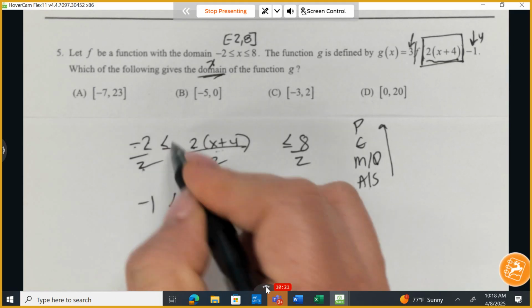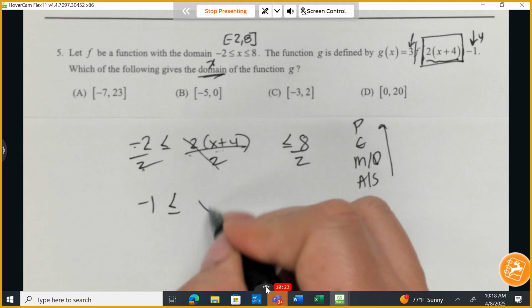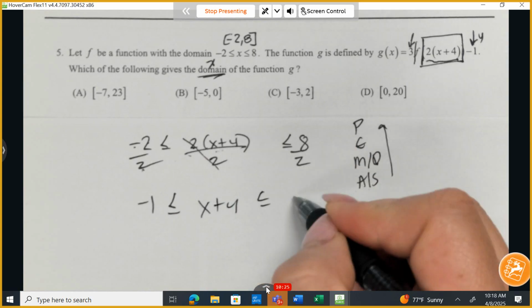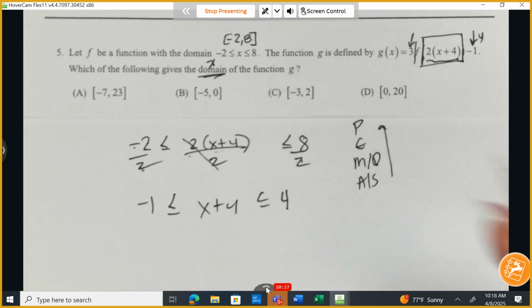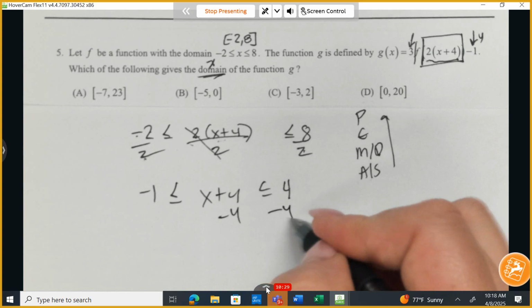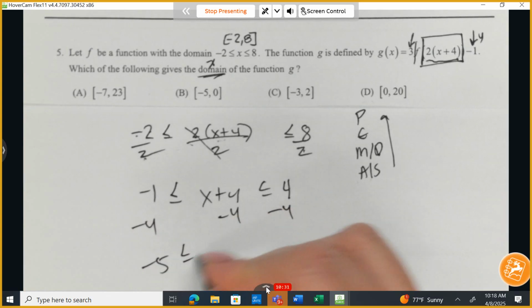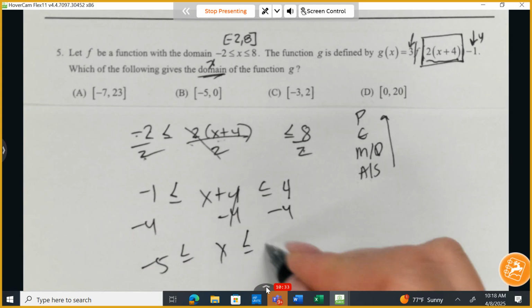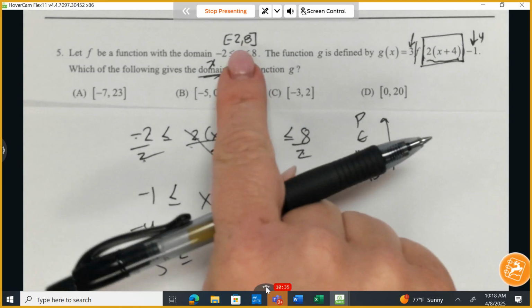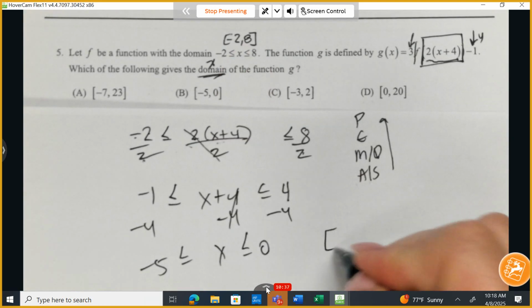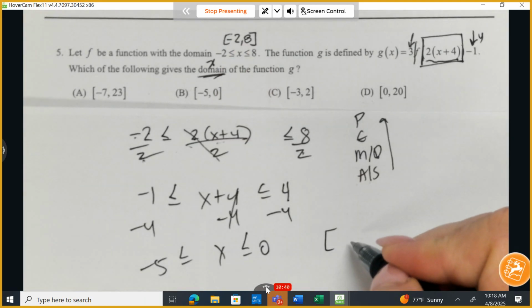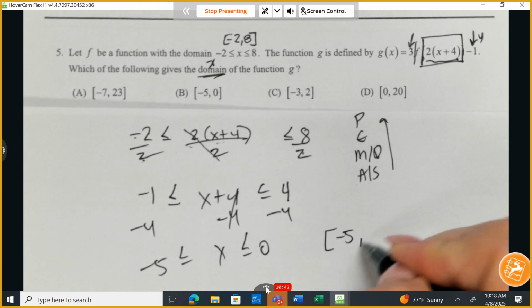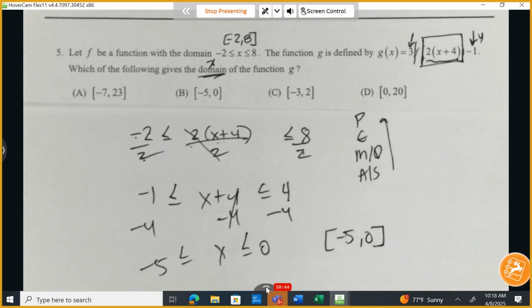We didn't divide by a negative, so I don't flip anything. And I have x plus 4, and over here we have 4. Okay, great. Then I'm going to subtract 4, subtract 4, subtract 4. I have negative 5, x, and 0. And then there's another way, like I spoke about earlier, that we can write this. We can write this as the new defined domain for function g will run from negative 5 to 0.